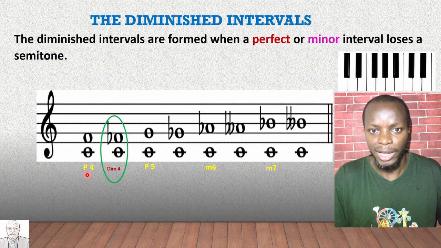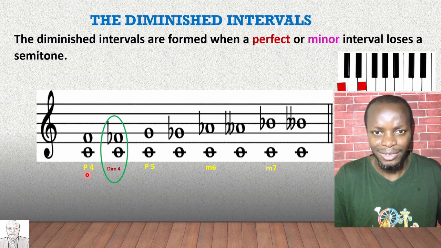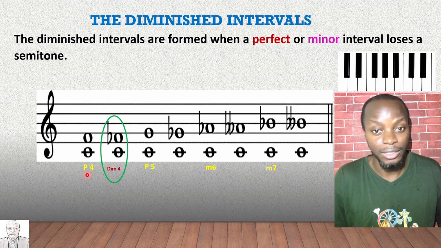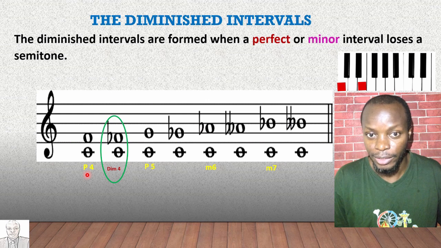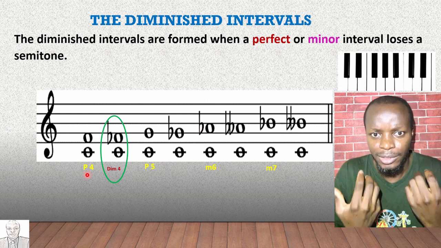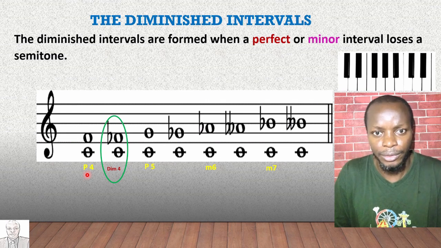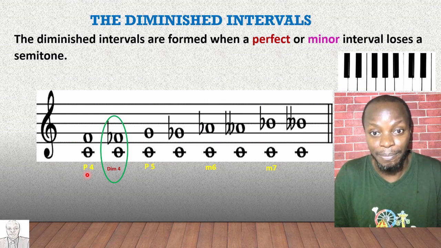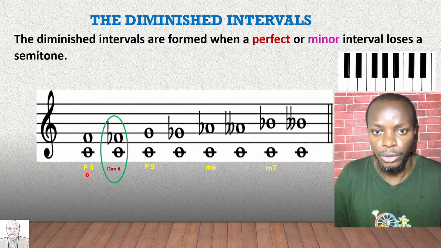Remember, F flat is the same thing as E. Okay, so in this context, you don't call it a third. It's a diminished fourth. Right? So it means a major third is similar to the diminished fourth because they have the same number of semitones in them. We'll be talking about that pretty much later.